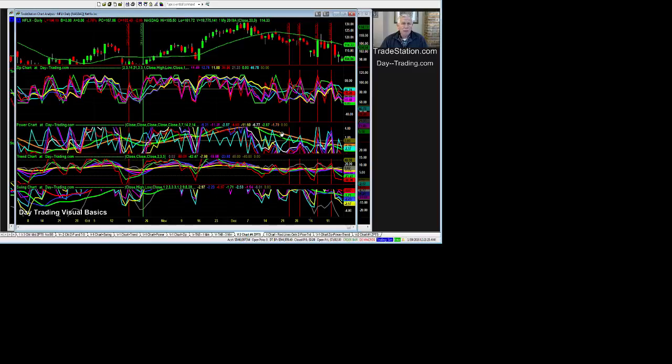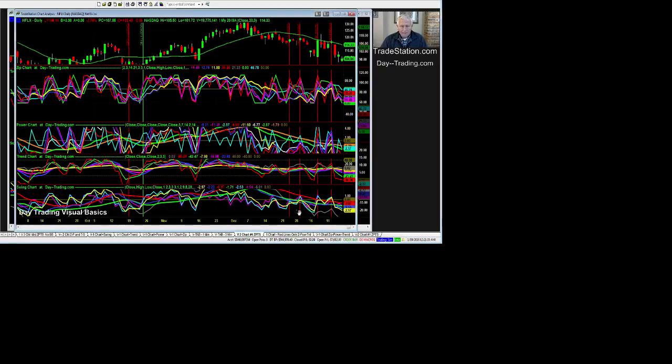We've got 7 wide lines: the power green and orange, the swing red and green, and the trend trio. That's the yellow, pink, and blue.